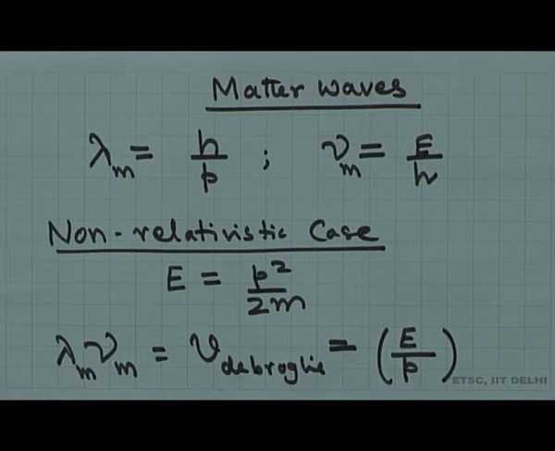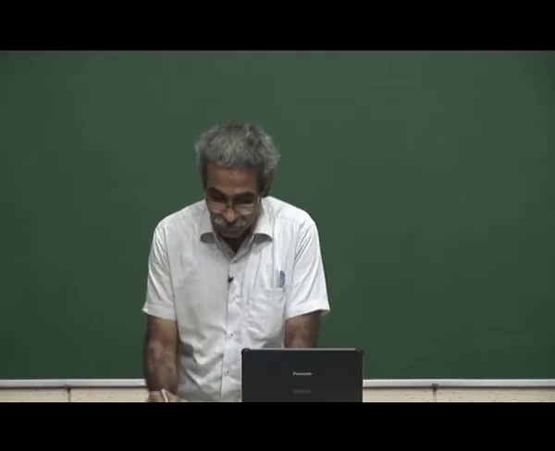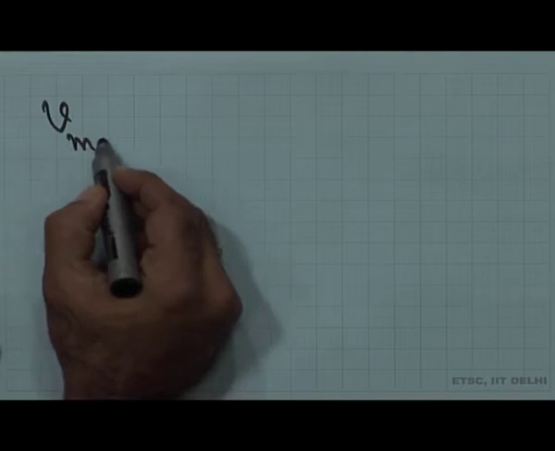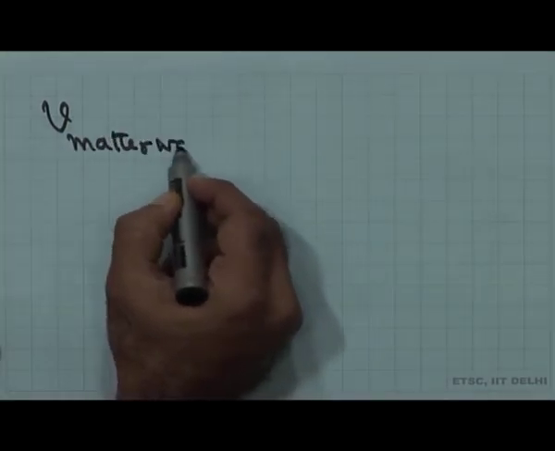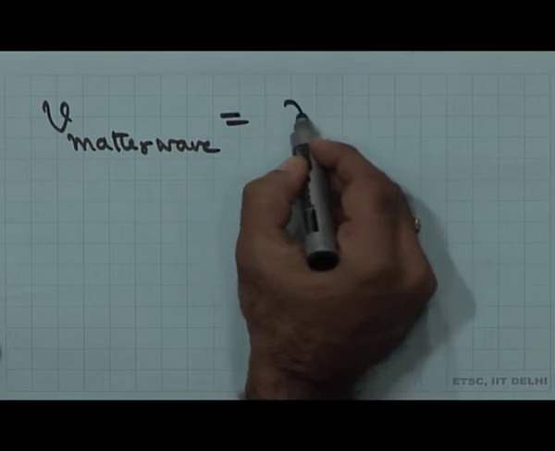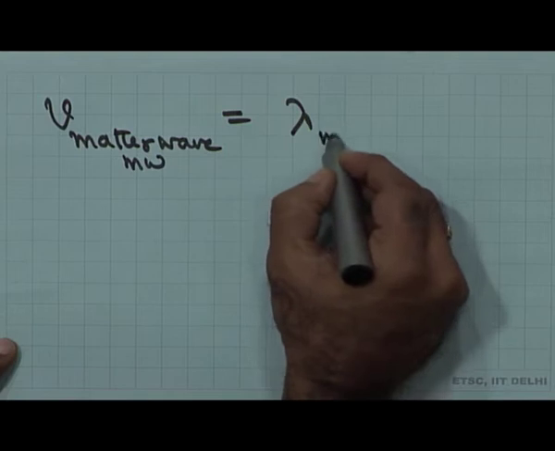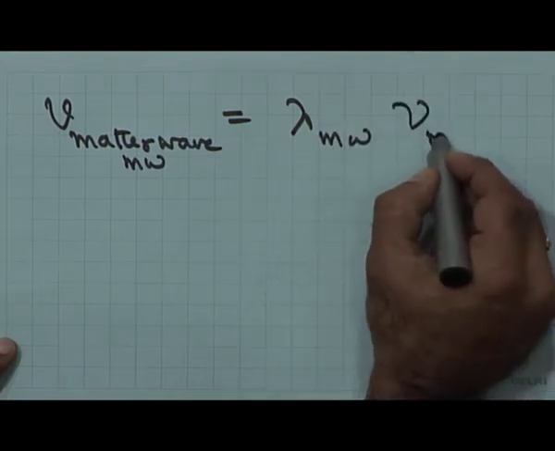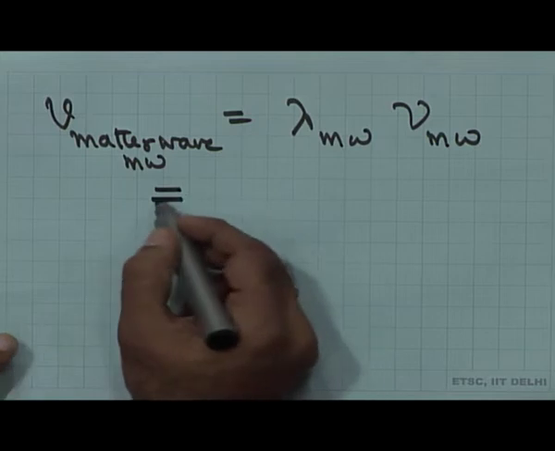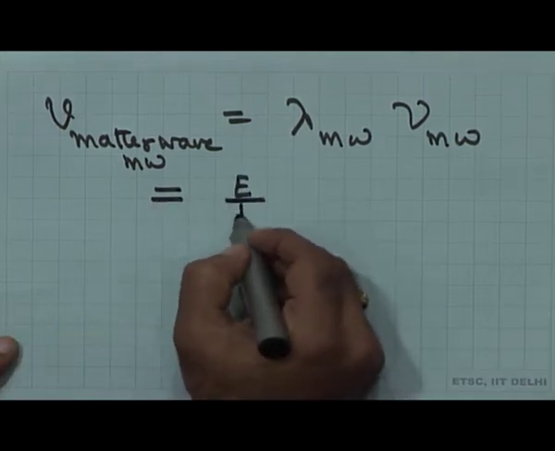So what are we saying? We are saying that the speed with which a de Broglie wave moves, from the fundamental notions of wave phenomena, is simply given by E by p. And this is going to be bothersome to us. So let me repeat. V matter wave is equal to lambda_mw into nu_mw, which we found to be E by p.